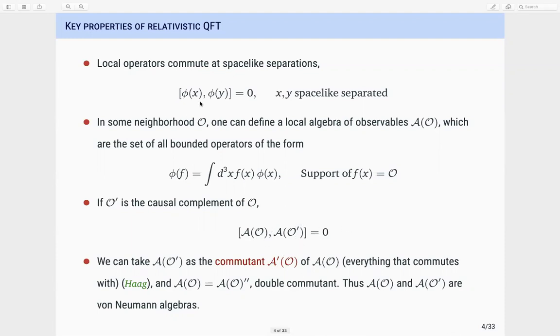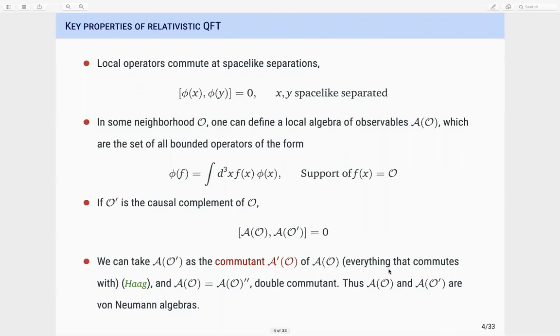That's the same as this statement up here, basically. And we can therefore take A(O prime) to be contained in the set of operators which commute with A(O). In fact, we can take it to be the full commutant: everything that commutes with A(O) is A(O prime).